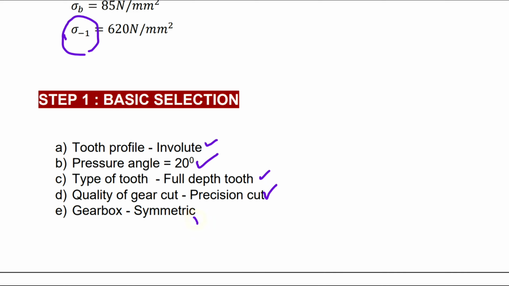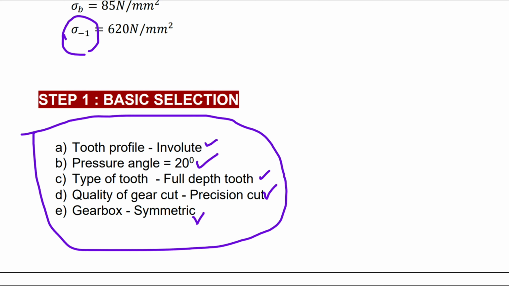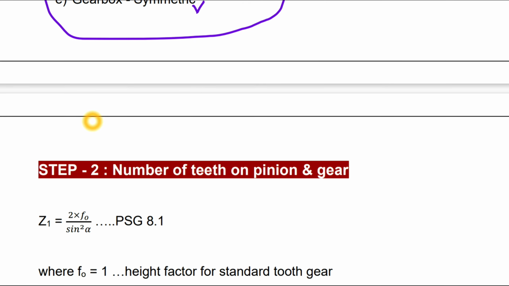Then the gearbox is symmetric. These whole 5 parameters will be the same in every numerical of spur gear. Sometimes some parameters are mentioned in the question; select those only, don't assume them. If the question specifies nothing, then you can assume these parameters. So this is the basic selection, which is step 1. Here step 1 is completed.